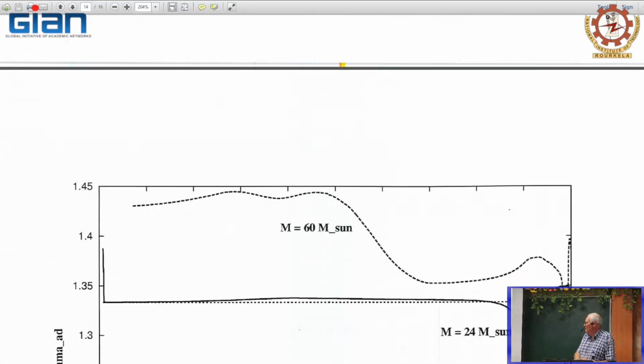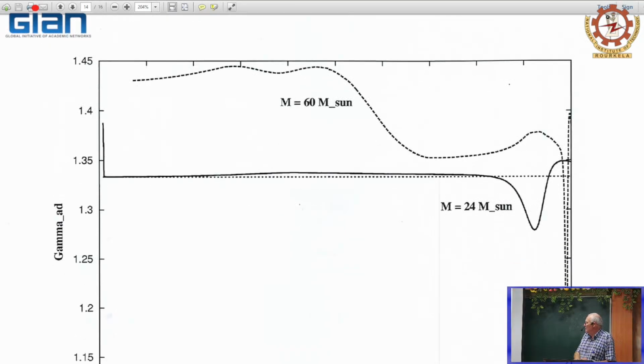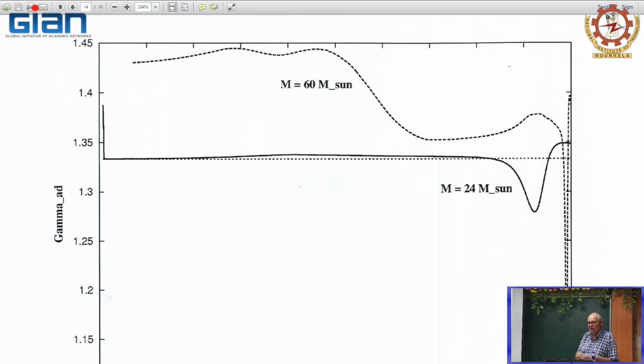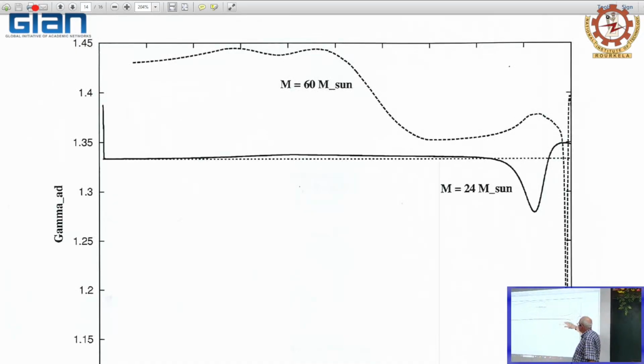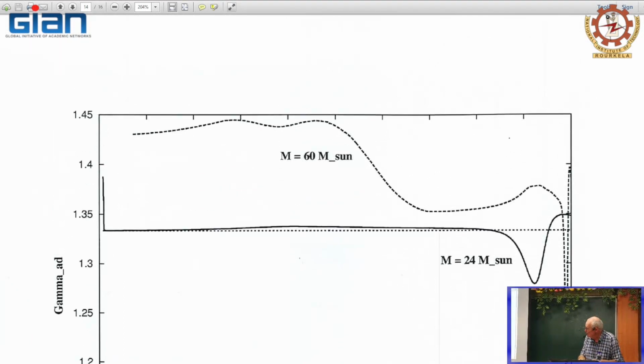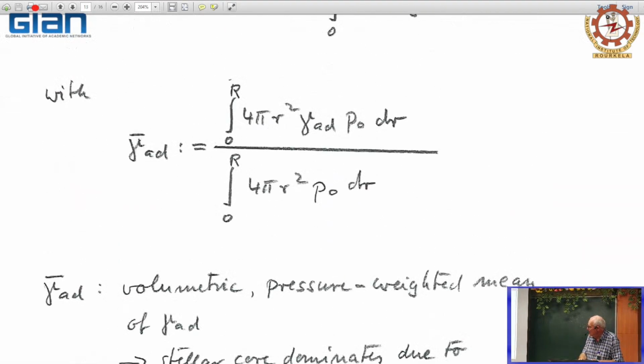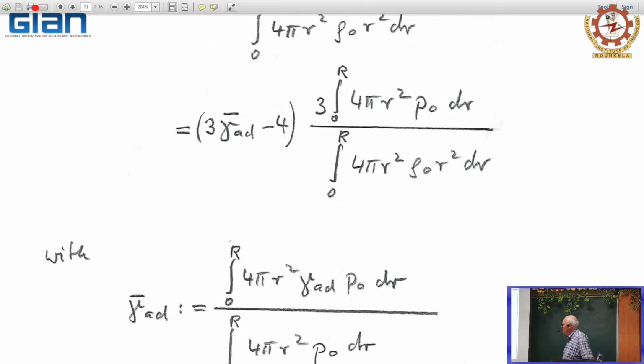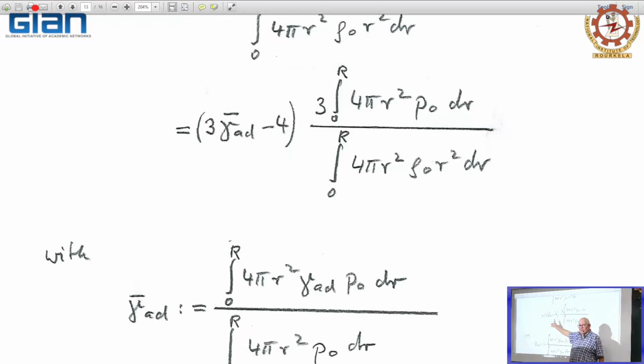Okay, let's have a look at how this adiabatic index looks for the two stellar models we have already seen. This is a 60 solar mass star, and this is the 24 solar mass star. Here is the value of 4/3. I haven't said it explicitly, of course: if the mean adiabatic index falls below 4/3, then this bracketed term becomes negative, and then the upper limit for sigma naught squared is negative.